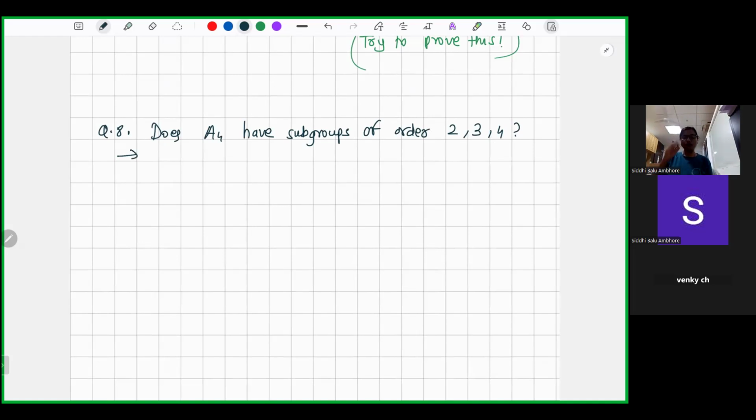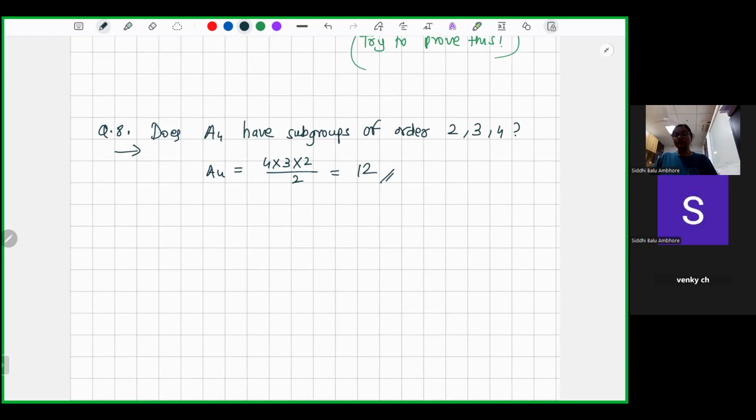Okay, S4 definitely has groups of order 2, 3, 4. That's not the question. The question is, does A4 have them? So we know what A4 is, right? The order of A4 is 12. But now we are asked whether it has any subgroup of order 4.